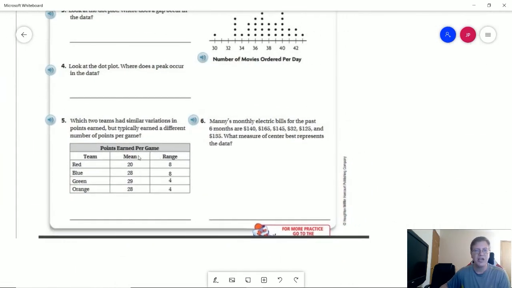For number 5, we are looking for 2 teams that have a similar variation, so that would match the range, but have a drastically different number of points per game. And for number 6, I would recommend that you try working with the median as well as the mean and figure out which one would best represent the data. We don't have a mode for that.